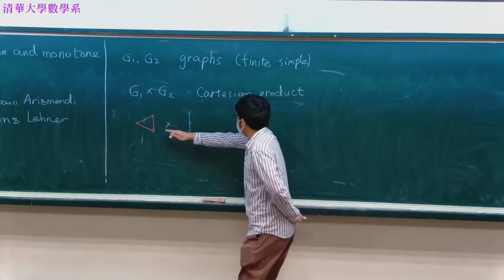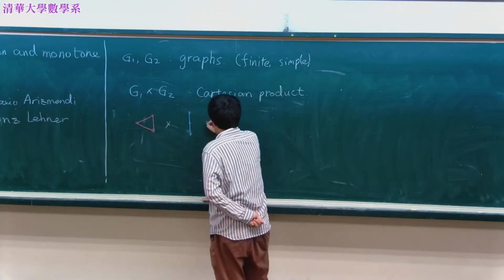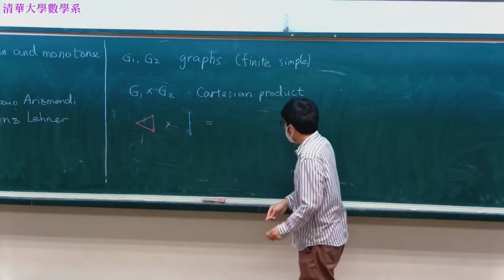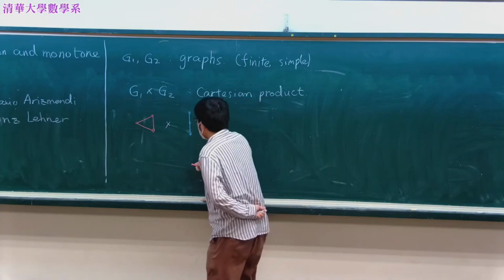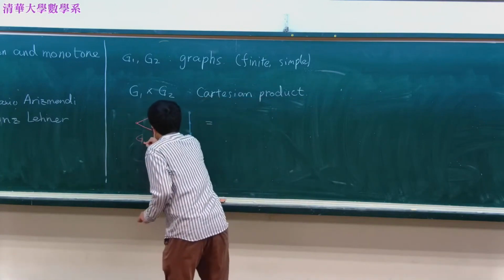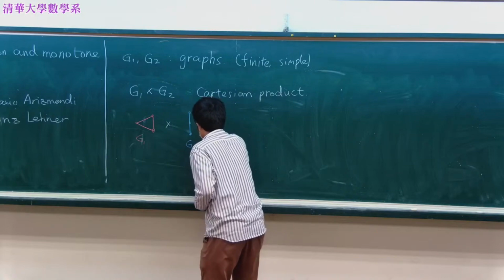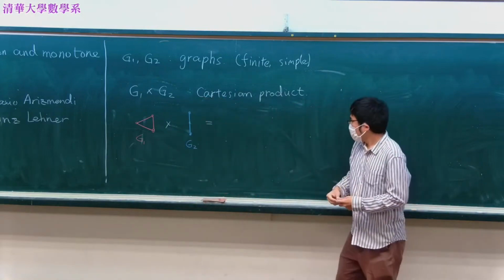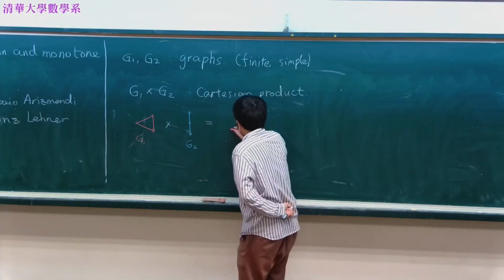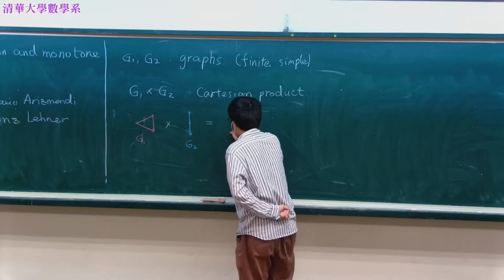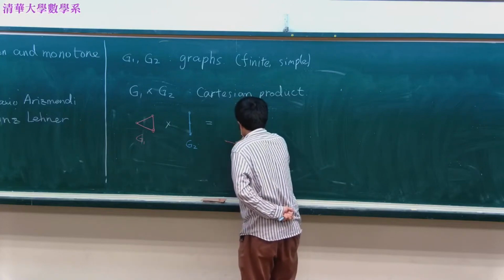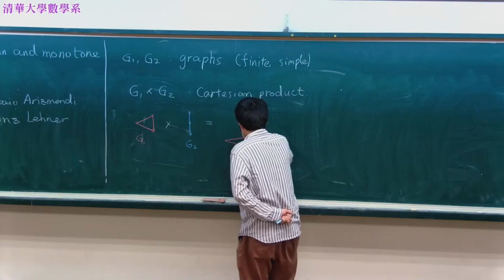So this is supposed to be G1, and the blue line is supposed to be G2, and the Cartesian product of the two is this.